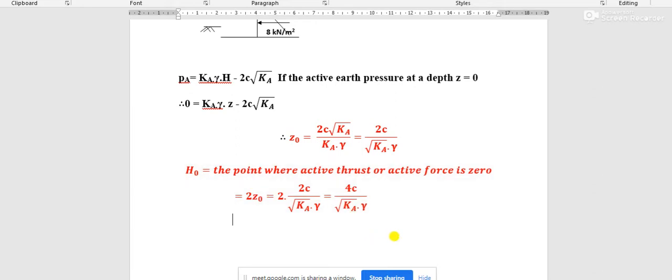Please remember that for pure clay or pure cohesive soil, Ka is equal to 1.